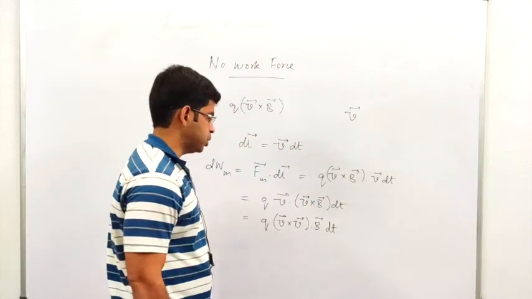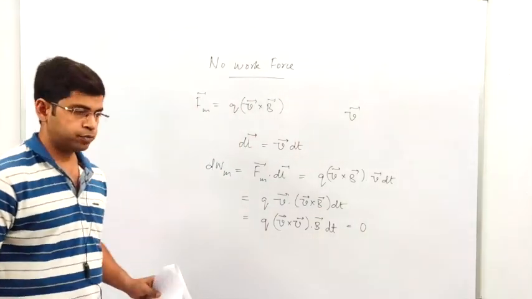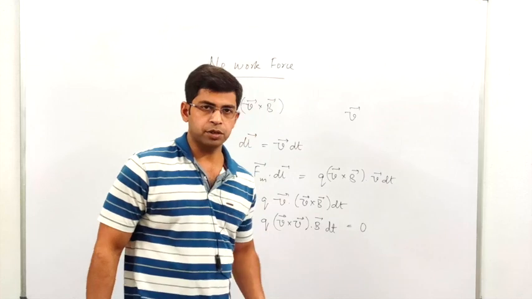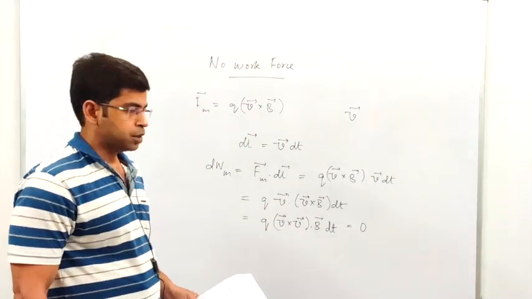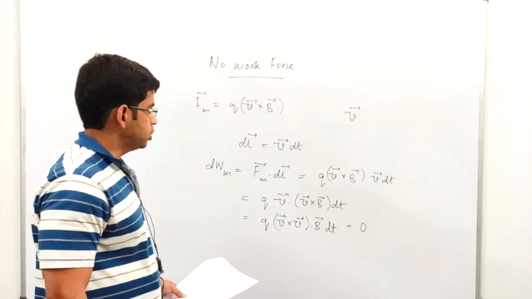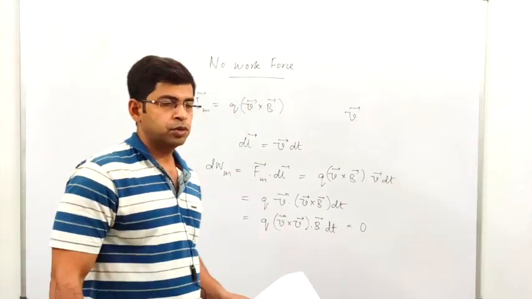So you see v cross v is 0. So the work done by the magnetic force is 0. This is always the case in any situation. Students may sometimes be tempted in certain experimental situations, but believe me, it is always the case that the work done by the magnetic force is 0.